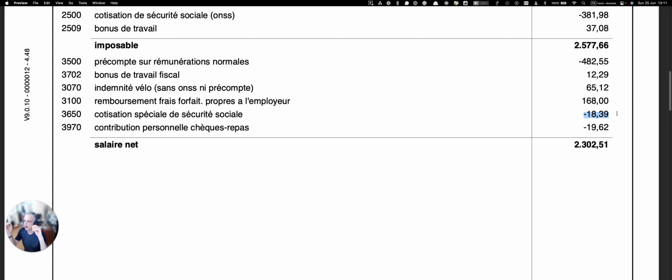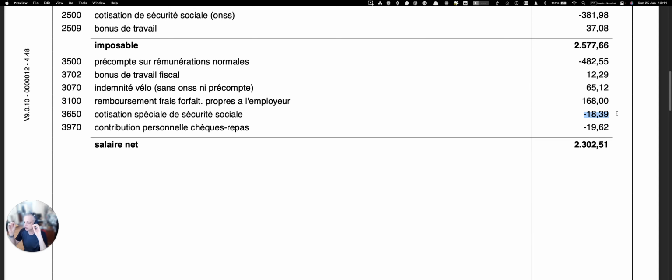Sorry, because it's not actually a fixed percentage as we had for the normal contribution. This special contribution behaves a bit more like the income tax.